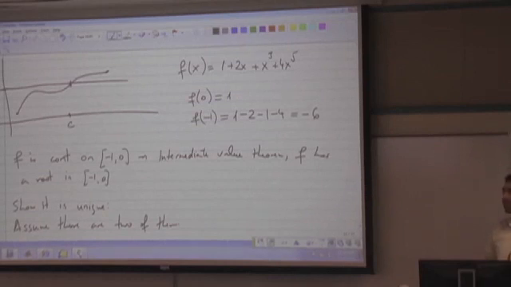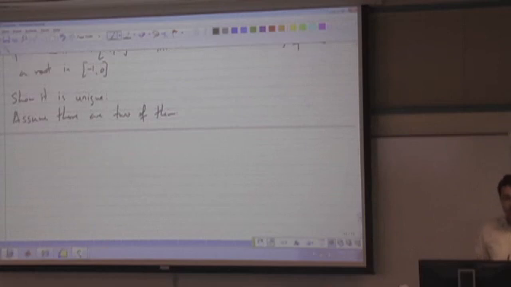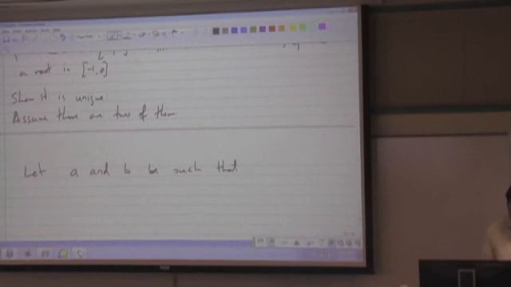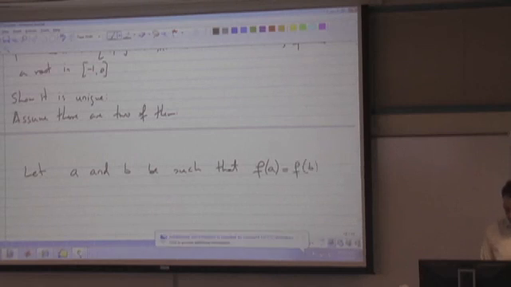Assume there's two of them. That is, let A and B be such that f of A is equal to f of B is equal to 0.